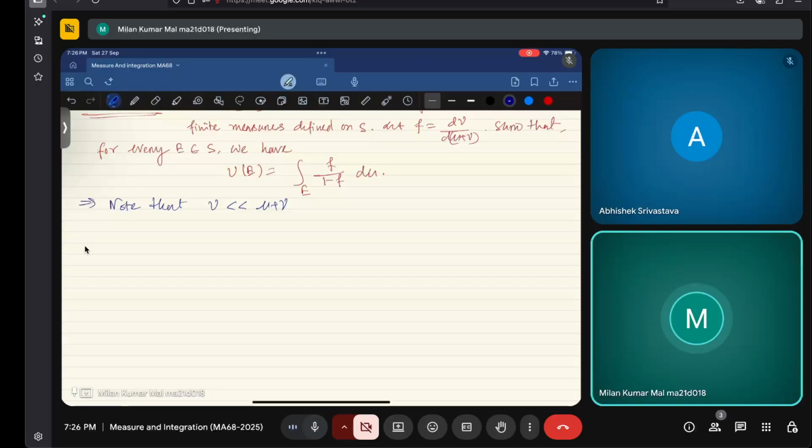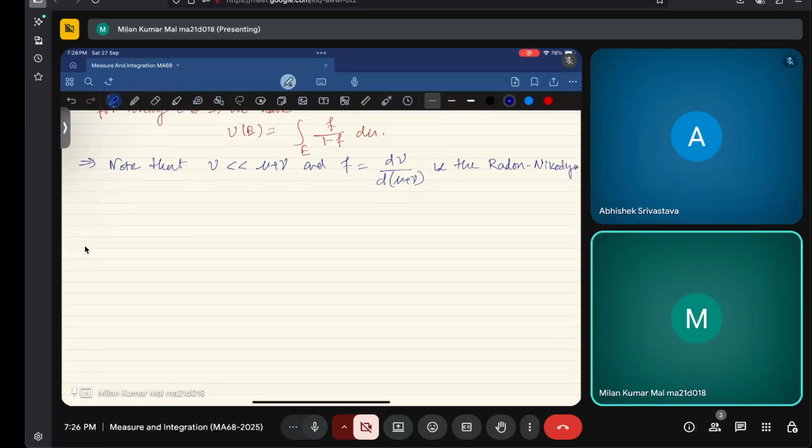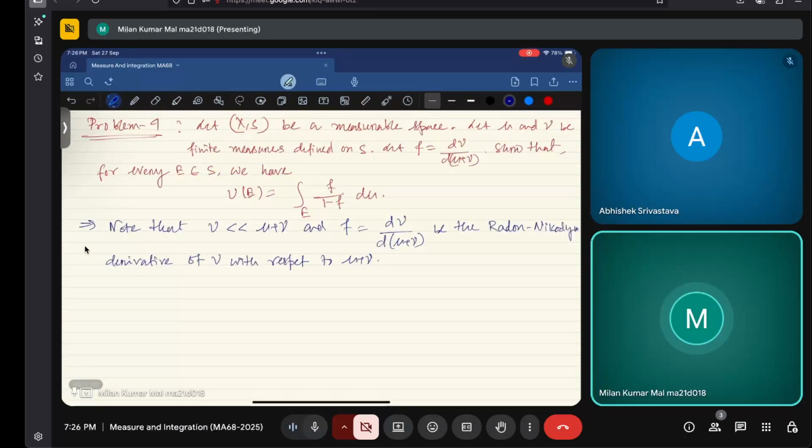So then there exists f equal to d nu by d(mu plus nu), the Radon-Nikodym derivative of nu with respect to mu plus nu. Okay, then I have to prove this one.